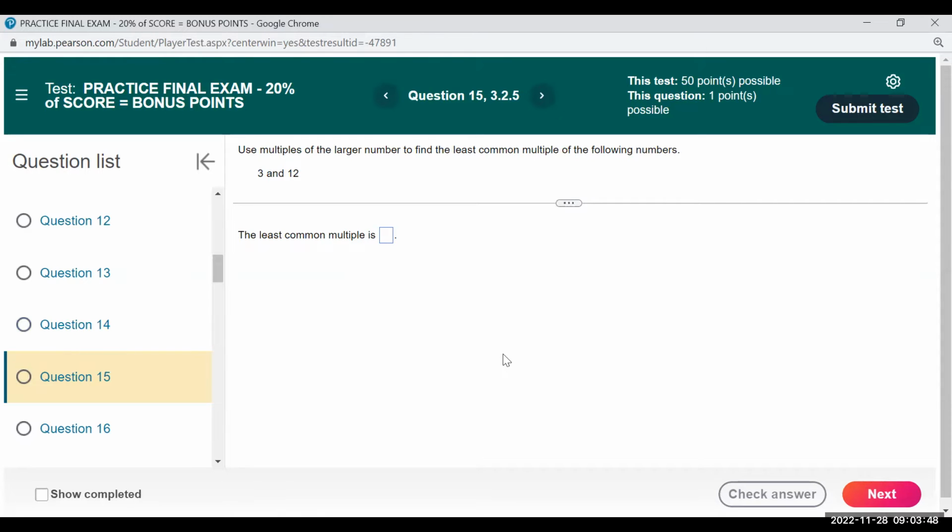Use multiples of the larger number to find the least common multiple of the following numbers. LCM of 3 and 12.